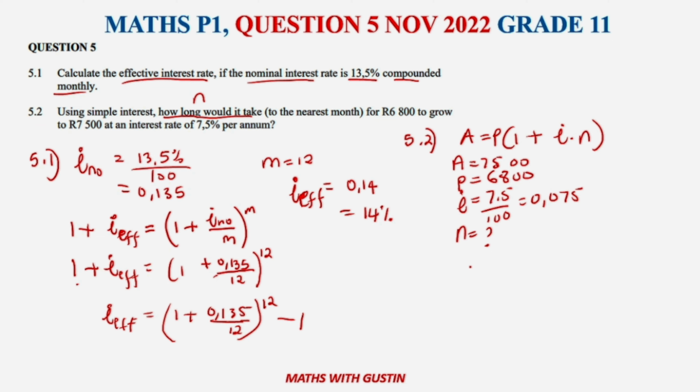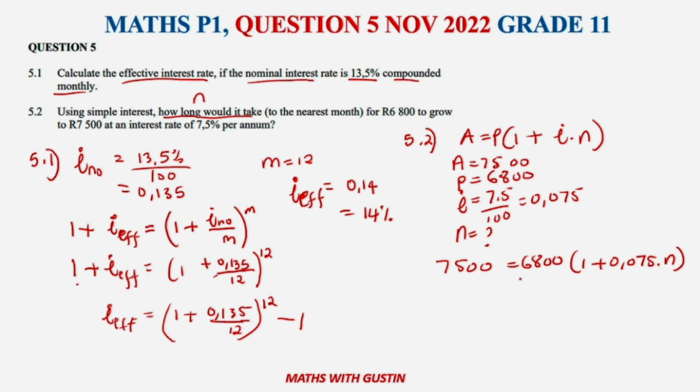Therefore, when you substitute this into our formula, we are going to have 7,500 is equal to 6,800 times (1 plus 0.075 times n). Having that, now we need to solve this properly.